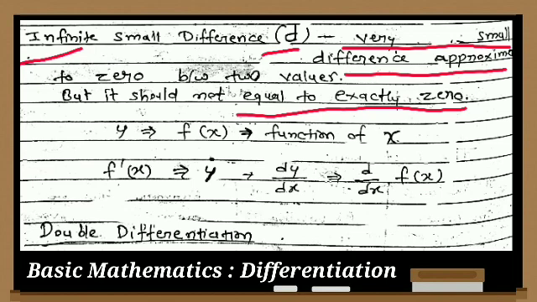What is the meaning of this line? The difference between two values is approximately 0, but it should not be exactly 0. So this value will be very small, like 0.000001 etc.